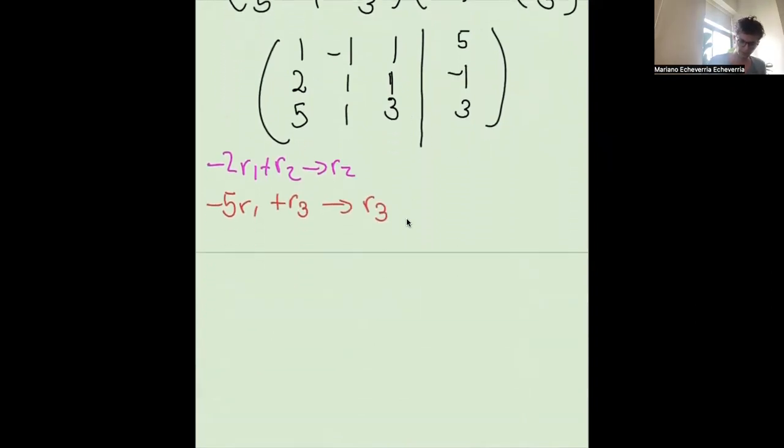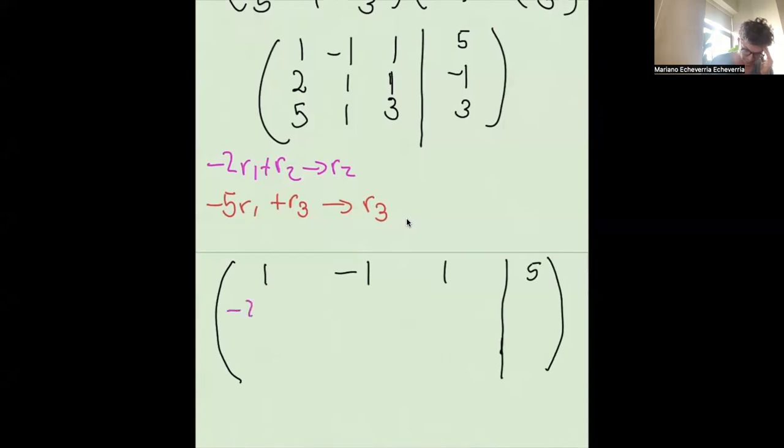Okay, so let's see how this looks. 1, -1, 1. Again, that just means multiply every coefficient of the first row by -2, and multiply every coefficient of the first row by -5, and then add that to the respective row entries that you have here.